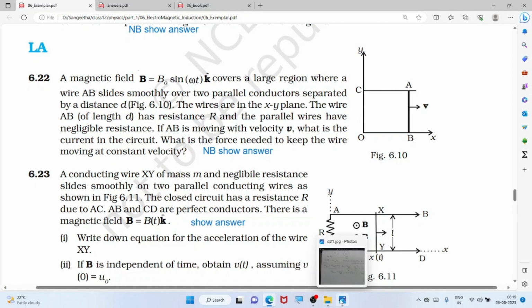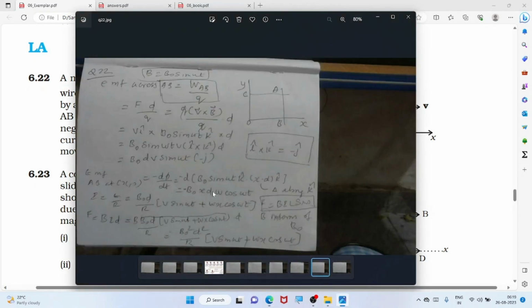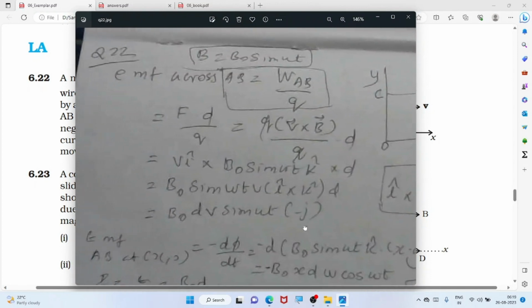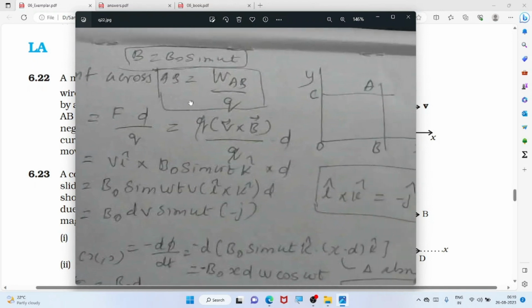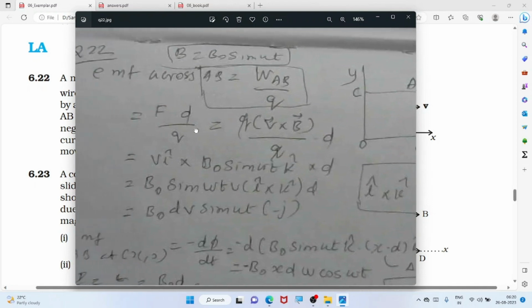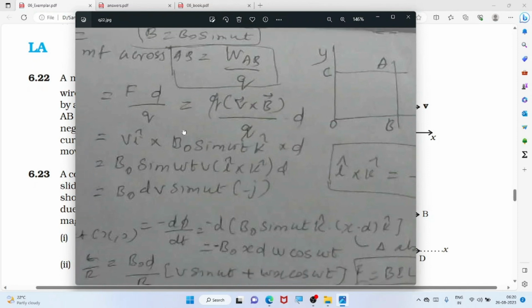B is given as B0 sin omega t. EMF across AB is work done per unit charge, work done by AB by Q. This formula, work done equals force times distance. Force is Q times v cross B, distance is D, so Q will cancel out.